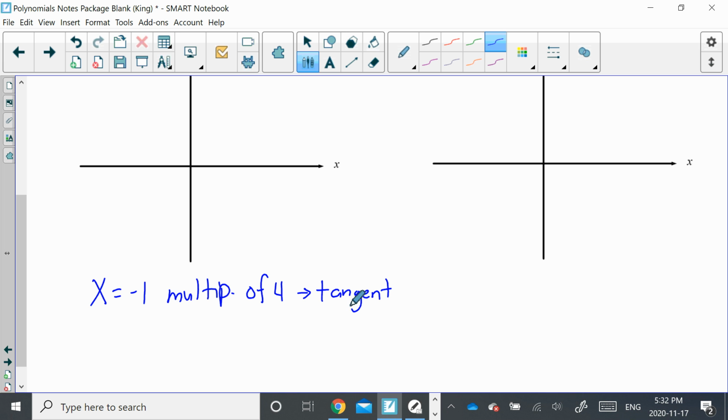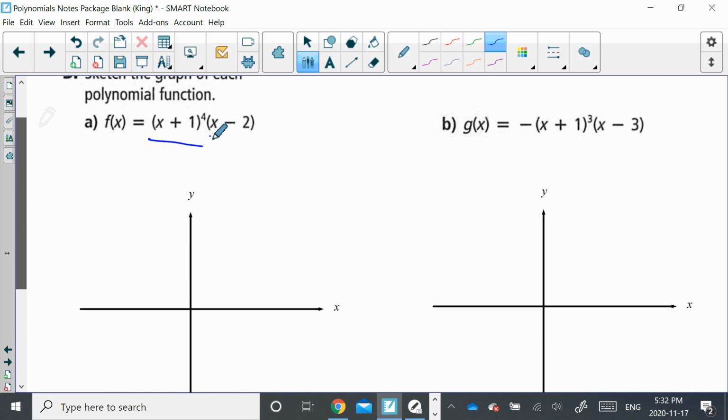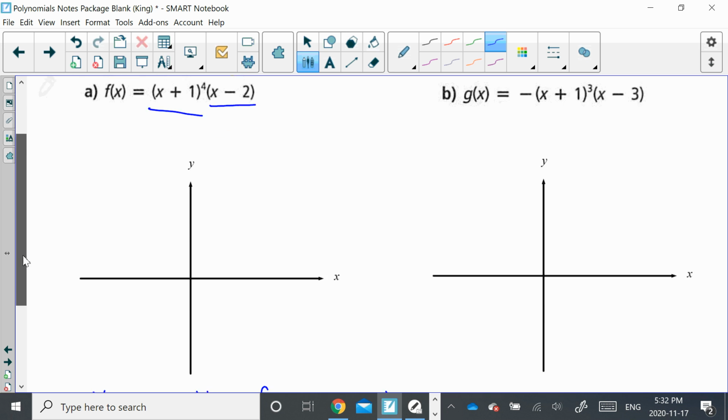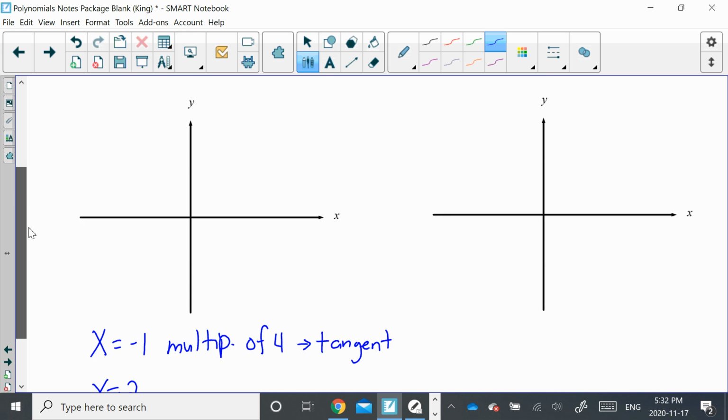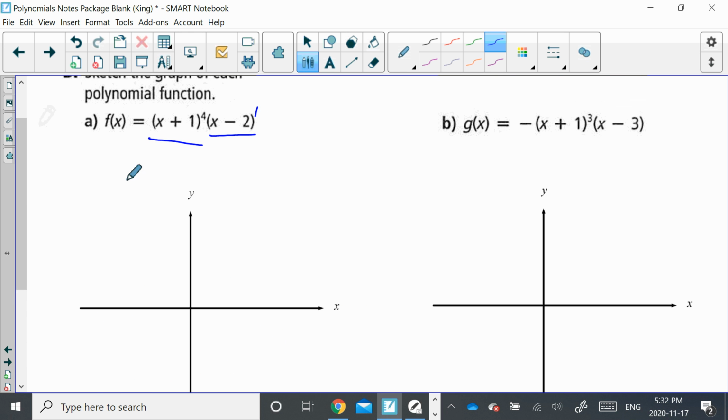So remember, it's going to touch the graph at -1, but it's not going to cross it. The second x-intercept would be this guy here, which is an x-intercept of 2. So x is equal to 2, so the zero is 2. And this has a multiplicity of 1.